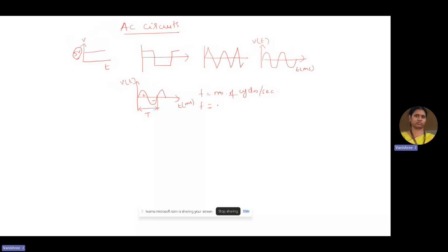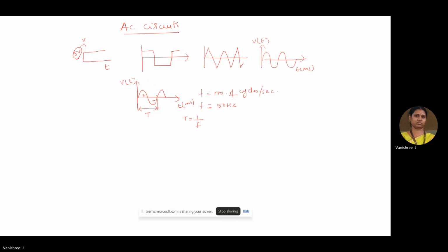The standard frequency is 50 Hertz in our country and in developing countries, and in developed countries, it is 60 Hertz. The relationship between time period and the frequency is they are inversely related with each other. So time period is equal to 1 by f or f is equal to 1 by T.